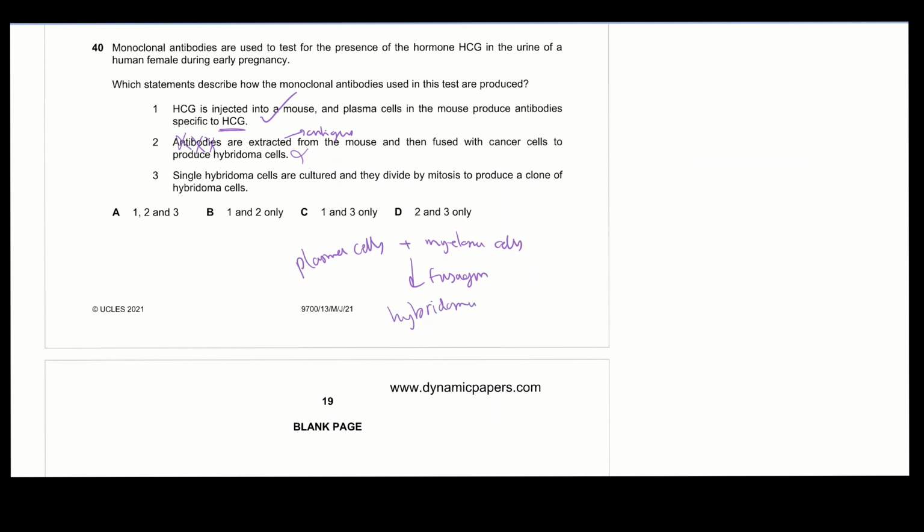And these cells, because they contain myeloma, aka cancer cells, we know that they divide uncontrollably. Therefore, they are able to divide by mitosis. So the answer is going to be C.